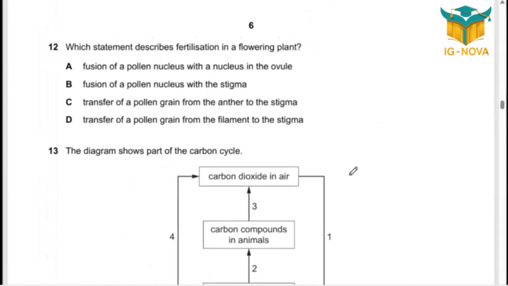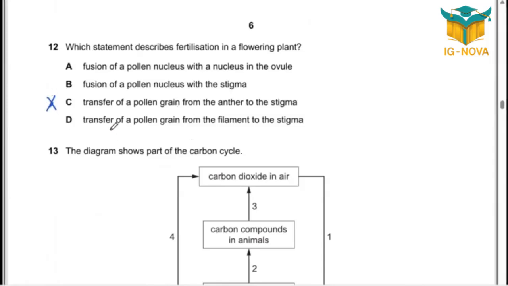Fertilization in flowering plant. Don't forget that pollen grain is not the male gamete. Pollen grain contains the male gamete, named as pollen nucleus, okay? And again, ovule is not the female gamete. The nucleus inside the ovule is the female gamete. So definition of fertilization is: transfer of pollen grain. This is pollination.